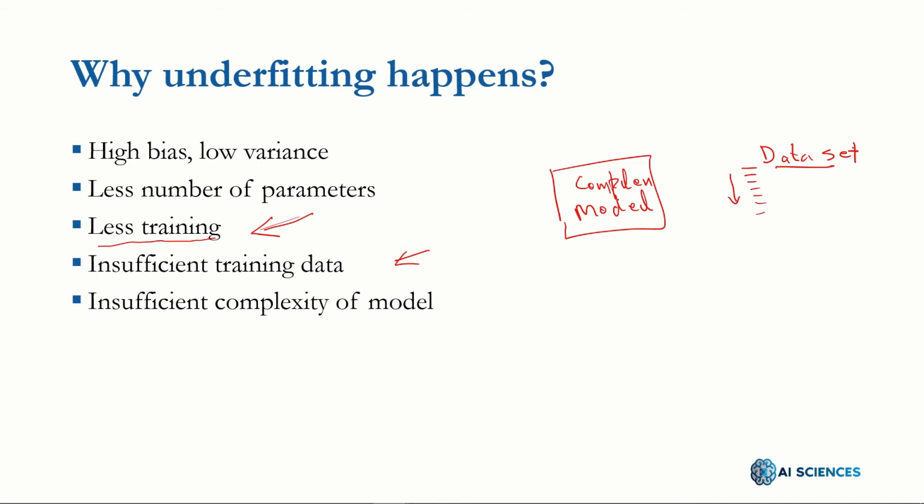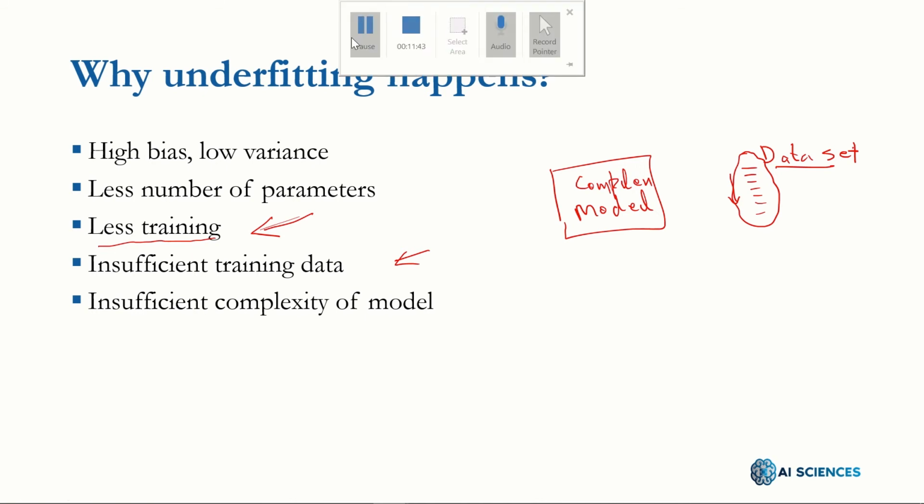So the model is not able to learn all of its parameters from this smaller data set. The smaller data set does not have the ability to completely define the problem. So if we want to avoid underfitting, we need more data.